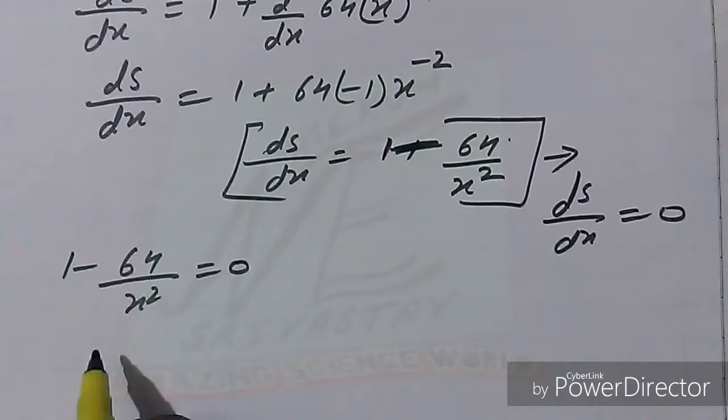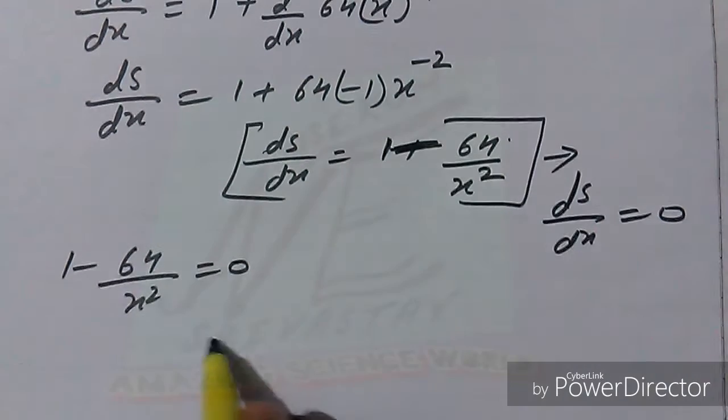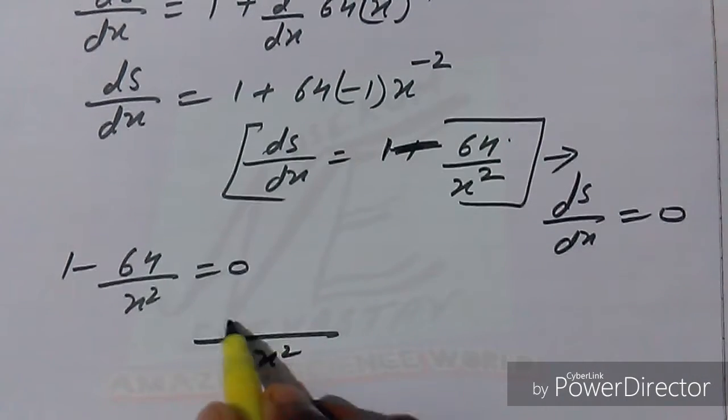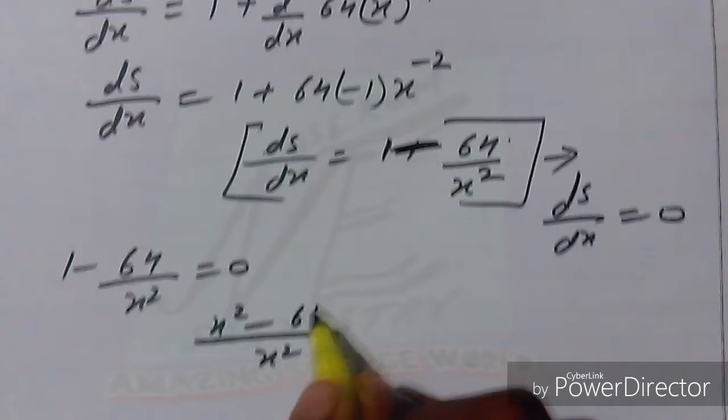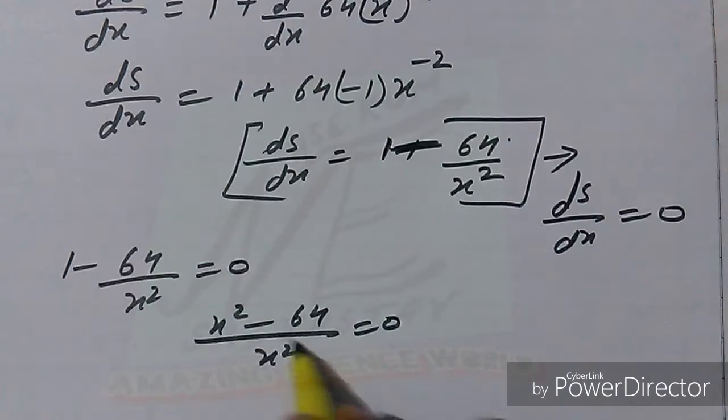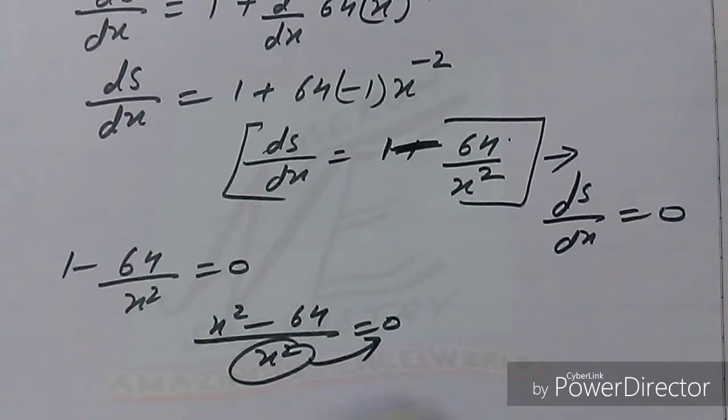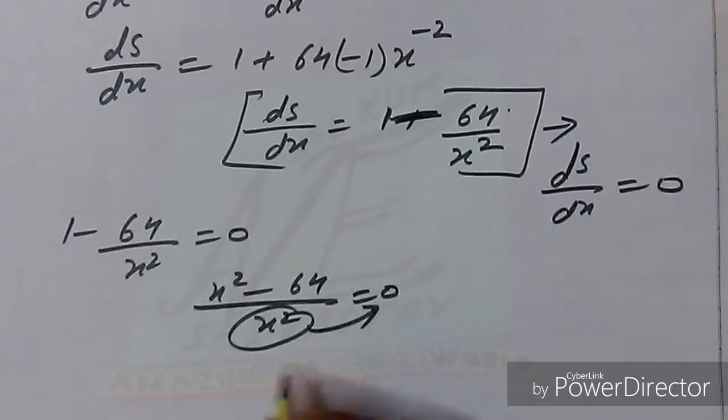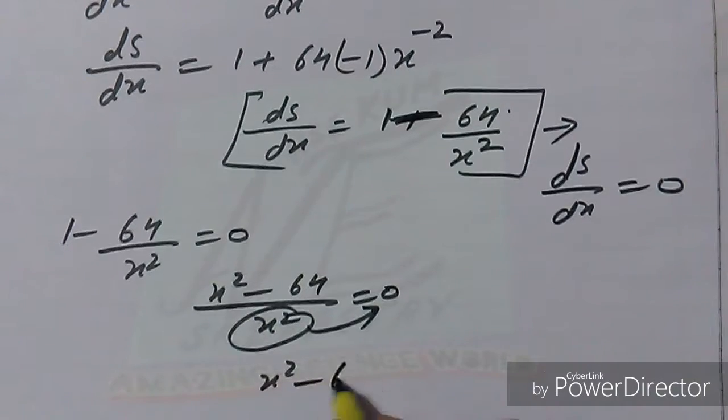We take the LCM, then x square minus 64 is equal to 0, my friends.